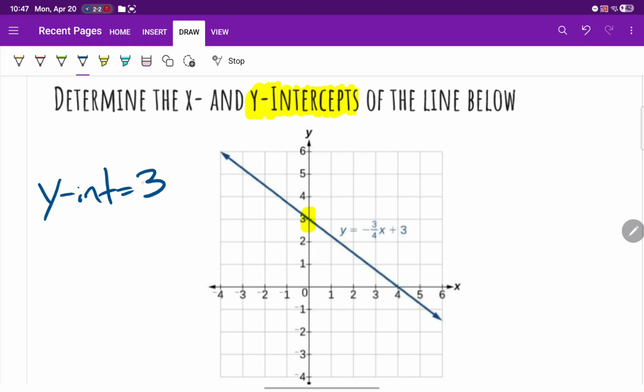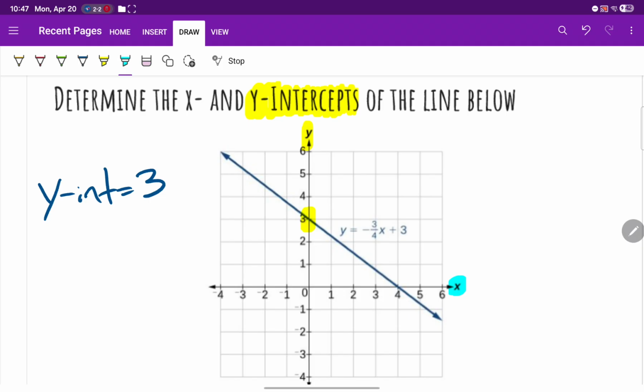Now, if you know what a y-intercept is, it's where your line crosses the y-axis. So, what do you think an x-intercept is? If in your minds you're thinking that's where it crosses the x-axis, you are correct. And so where does our graph cross the x-axis?